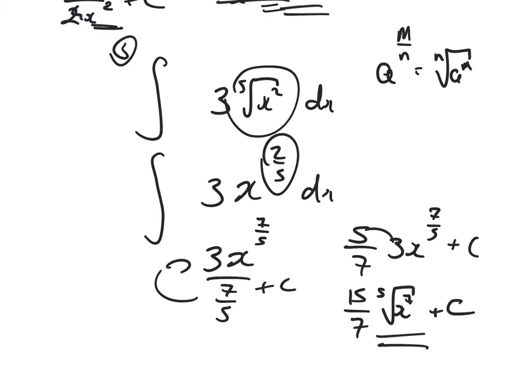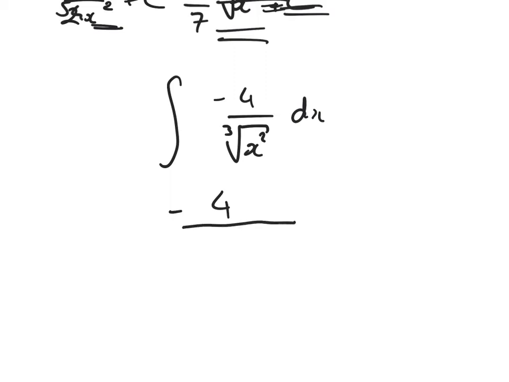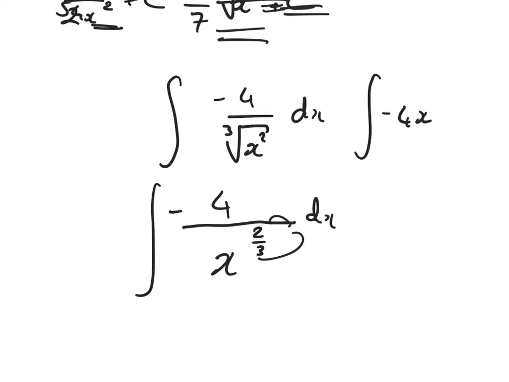plus c. Okay, example 6, I'm going to integrate minus 4 over the cube root of x to the power 2. Okay, let's prepare to integrate first of all and get rid of the root symbol, so that will be minus 4 over x to the 2/3 using that previous rule of indices discussed. So let's now bring the power up, which I need to do to prepare as well, so that's going to be minus 4x to the minus 2/3.